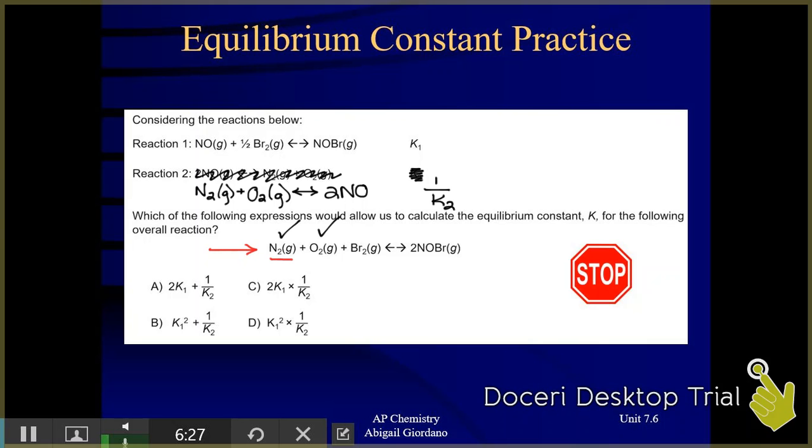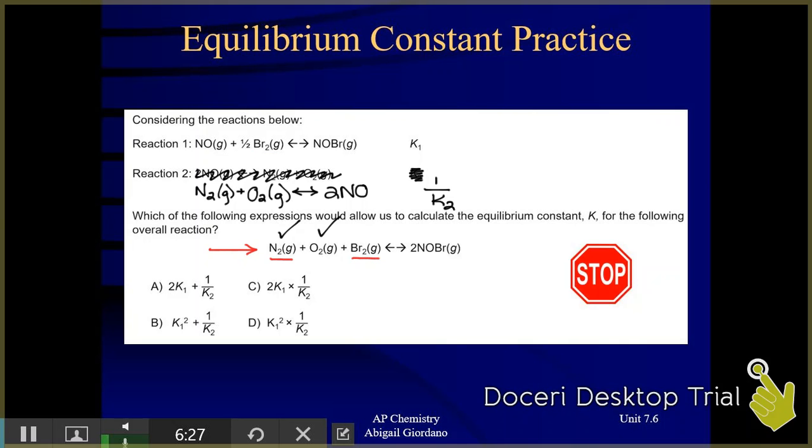My oxygen looks good. Let's deal with this bromine next. I see bromine right there. Is it on the correct side? Yes. But does it have the correct coefficient? No, it doesn't.